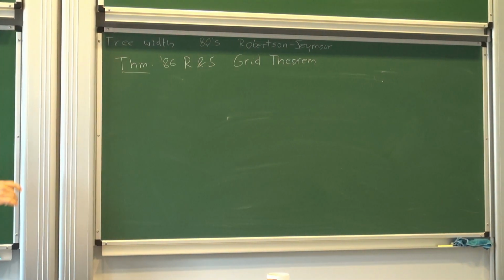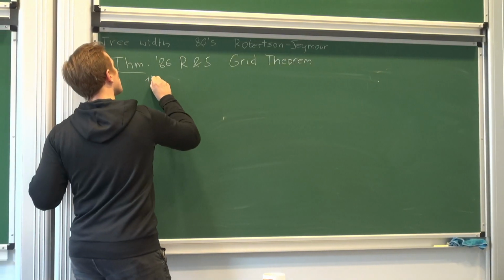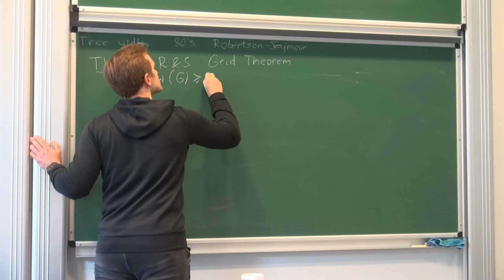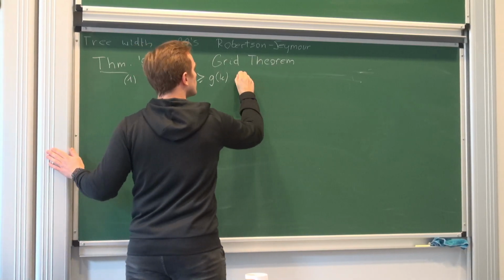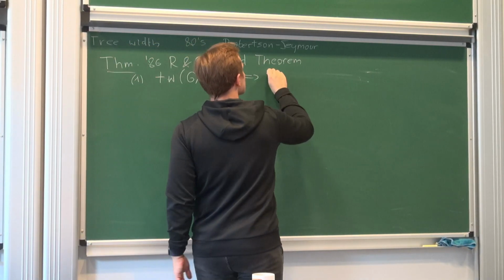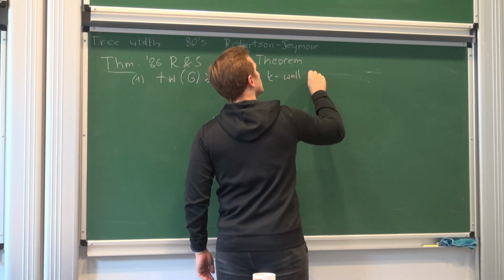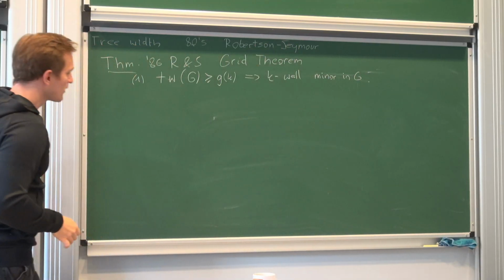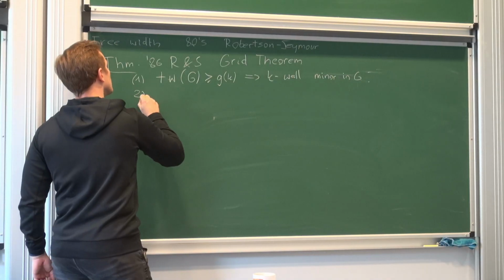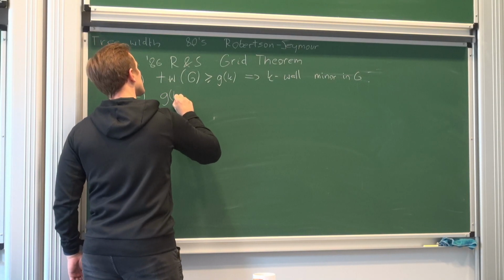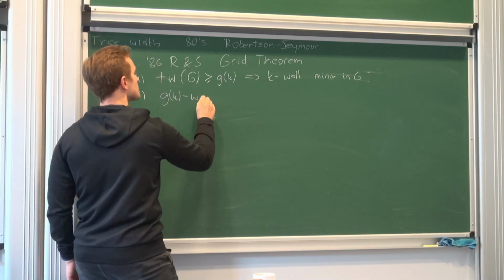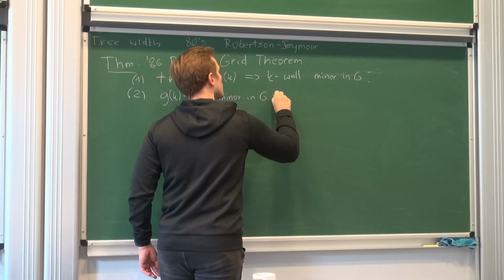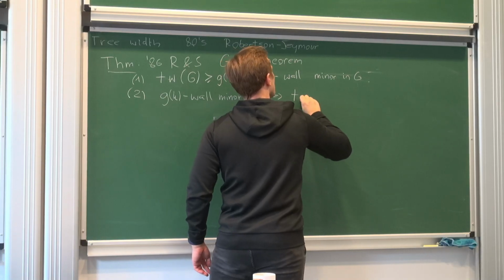Which I will state in two parts. The first part is that if the tree width of a graph exceeds some function of k, then there is a k wall minor in our graph. And the second part is that if there is some sufficiently big wall as a minor, then the tree width of our graph is also large.